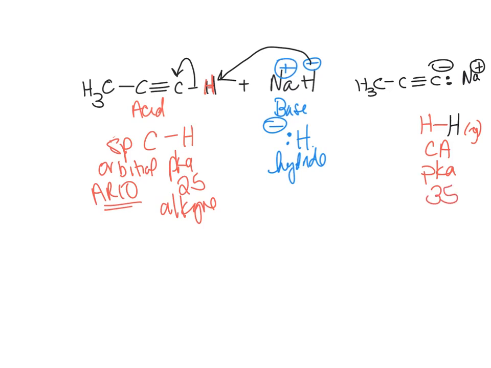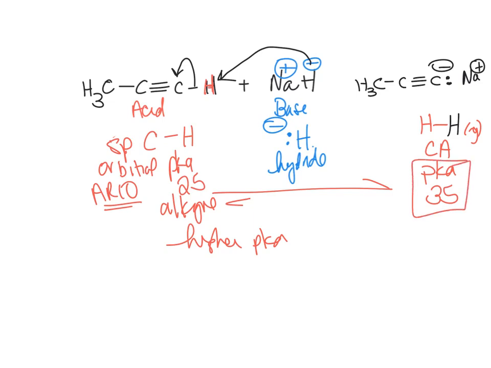And so the equilibrium always goes towards the higher pKa value, and in that case 35 is higher than 25. You're comparing two numbers, the acid and the conjugate acid, and so your equilibrium is going to lie to the right.